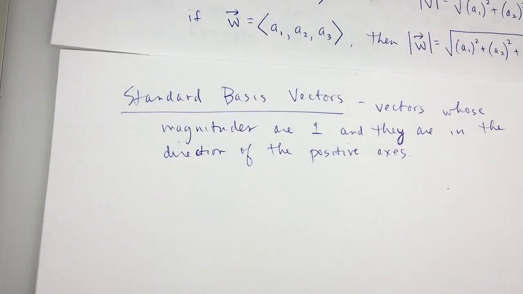If you're in R2, then we have two of them. We call them vector i and vector j.